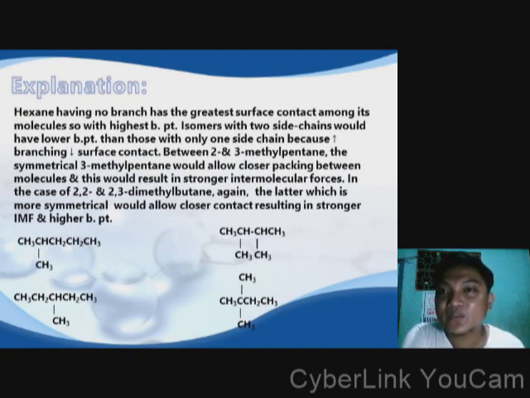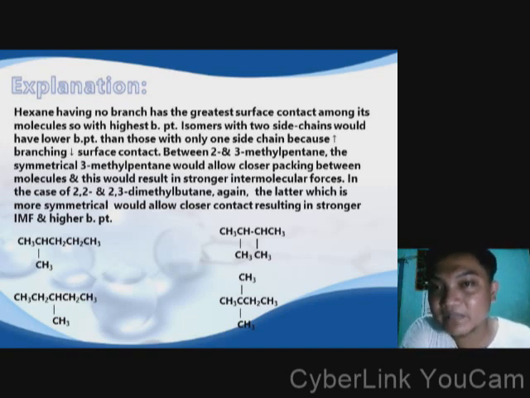Hexane having no branch has the greatest surface contact among its molecules. So, with the highest boiling point. Isomers with 2 side chains would have the lower boiling point than those with only 1 side chain because higher branching, lower ang surface contact. Between 2 and 3, the symmetrical 3-methylpentane would allow closer packing between molecules.